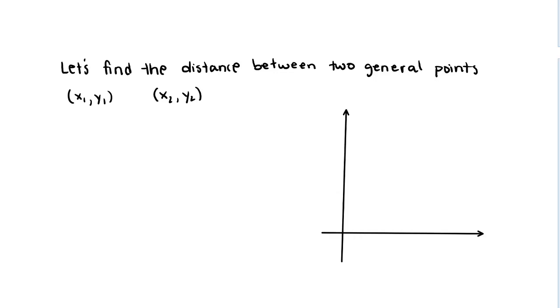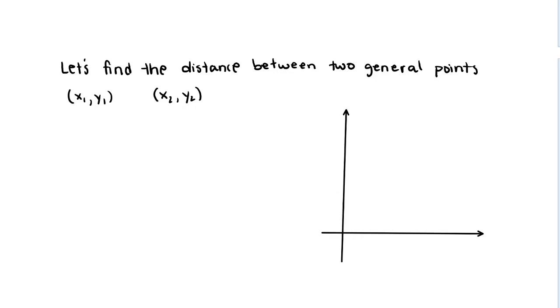Right, so in mathematics, it's so often the case that we want to compute things once and for all in generality so that we can plug these values into our formula and come out with our answer. So here, I want to be able to find the distance between these two general points, and I'll have my distance between any two points by figuring this out.